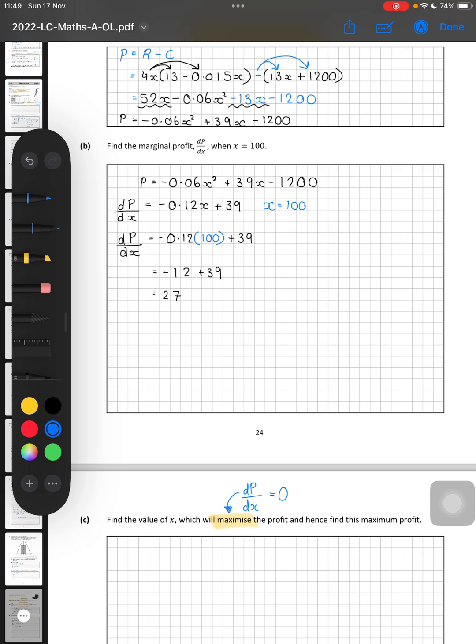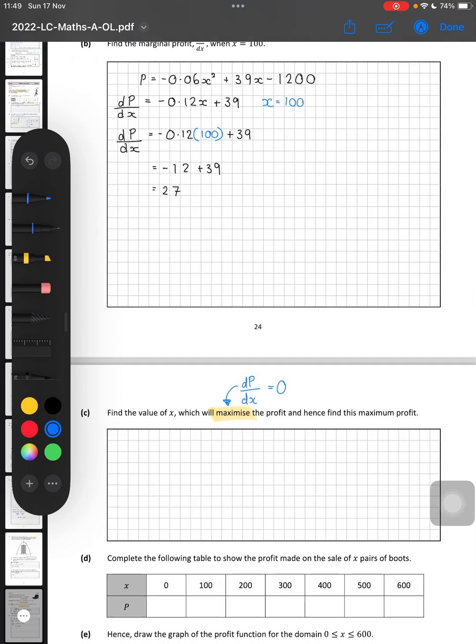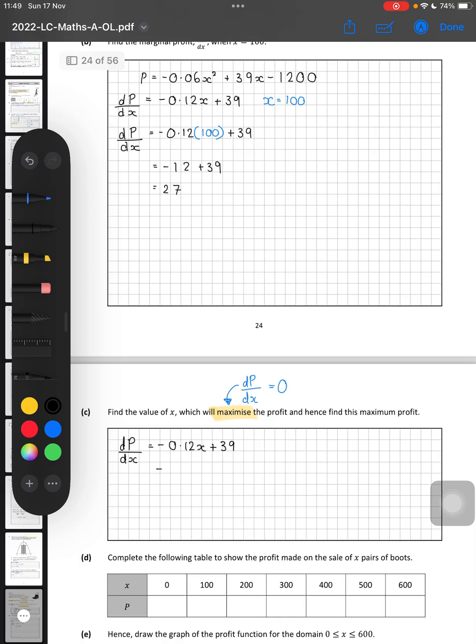So for this part C, we've already gotten our first derivative. I'm going to rewrite it out. So dp dx was minus 0.12x plus 39. So I need to let that equal to 0 to get the max.